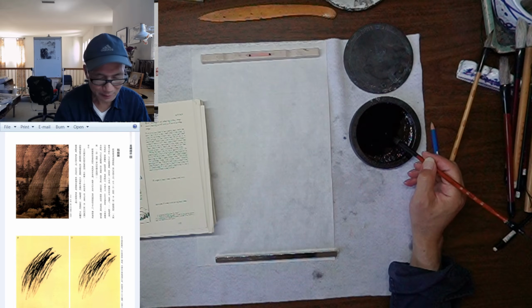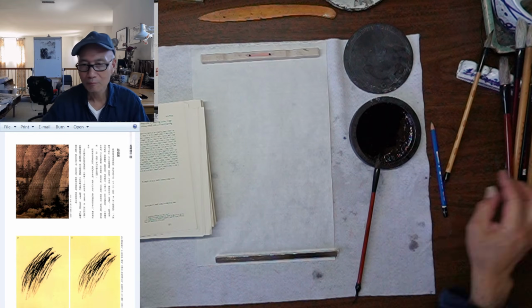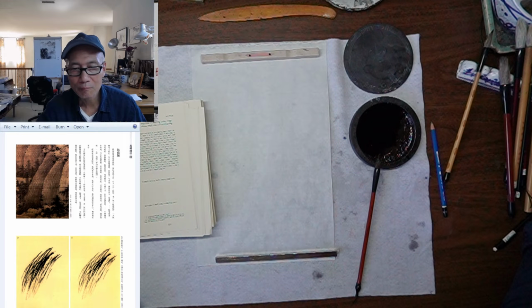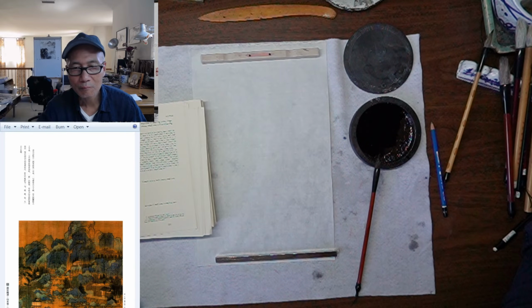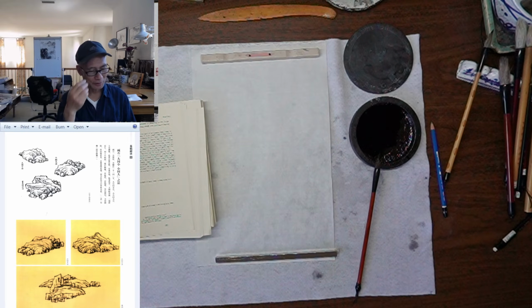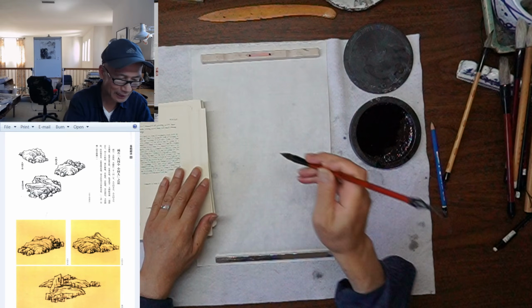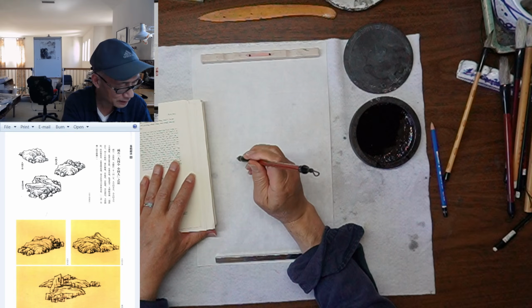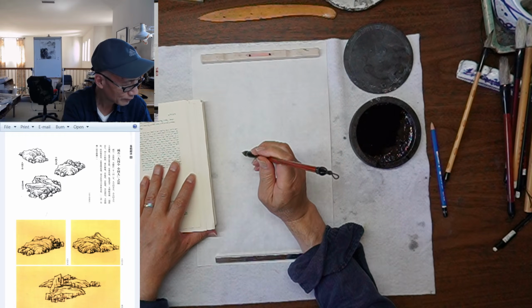Let me ask you one question, Henry. Sure. When you're starting from left to right, are you pushing at the beginning? Yeah. You hide the stroke, so you go in the opposite direction a little bit, to hide the tip. Okay, to hide the tip. And then when you get to the top, you're pulling.